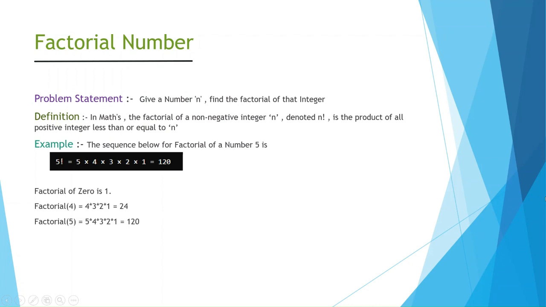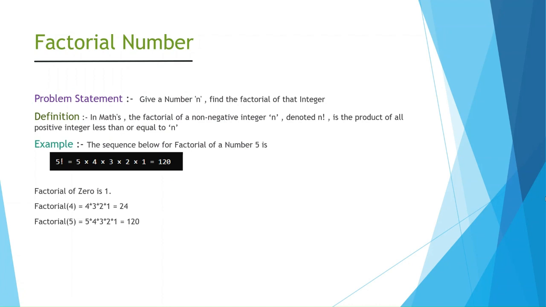The factorial of 0 is 1, and the factorial of 4 is 4 into 3 into 2 into 1, which is 24. Below you can see the example of factorial 5, which is 120. So please pause this video and try to calculate the factorial of a given number.